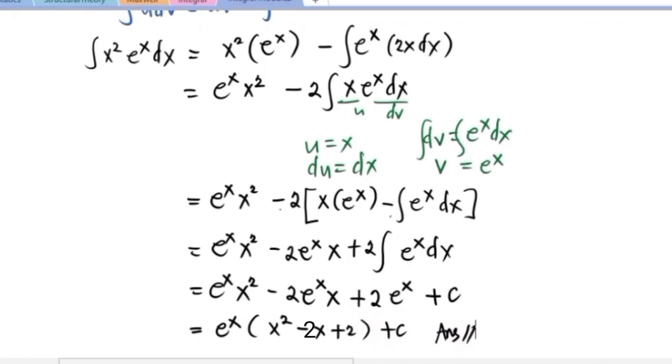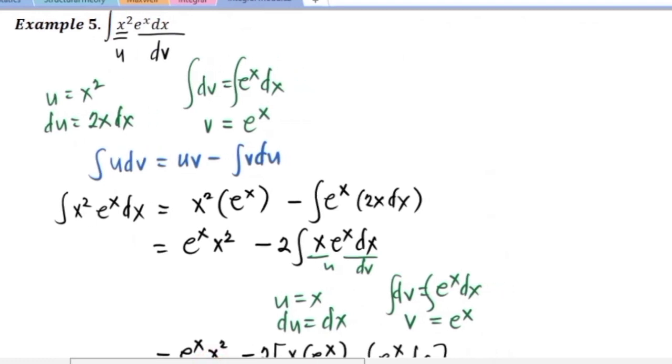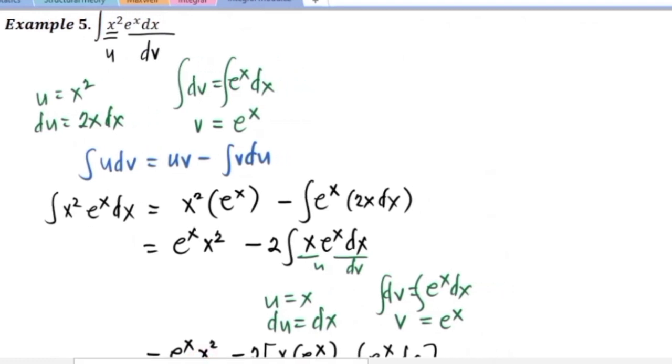Question. Sir, pwede ba natin siyang gawin katulad ng ginawa dun sa example number 4 natin, na pagpalitin natin for the alternate solution, baka possible na si e to the x yung u natin and x squared dx yung dv natin.